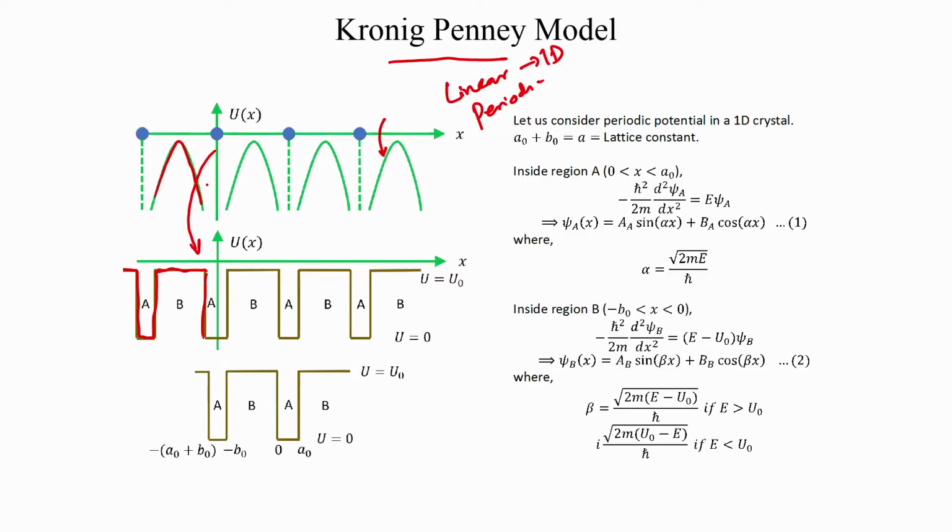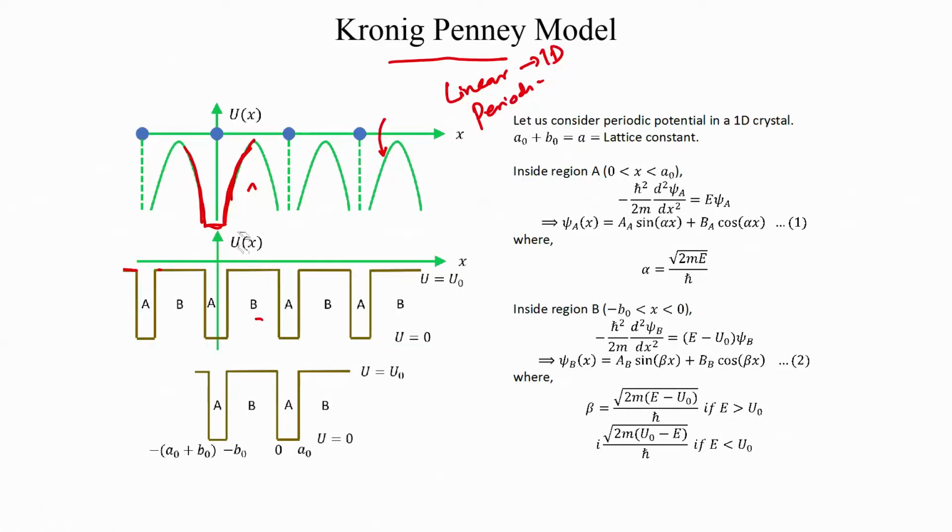It's a sequential arrangement of two regions, A and B. A is indicative of this potential well here, and B is indicative of this barrier. So instead of a geometry like this, we now have a very nice rectangular geometry.